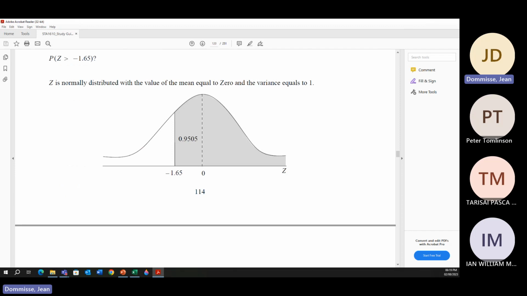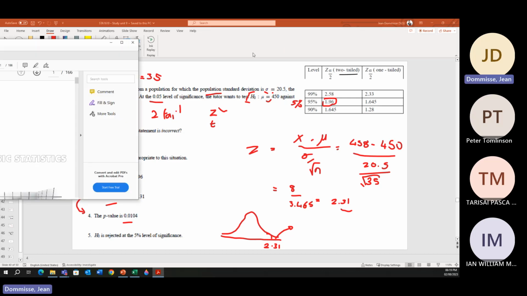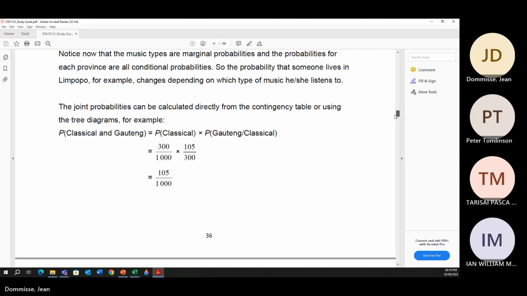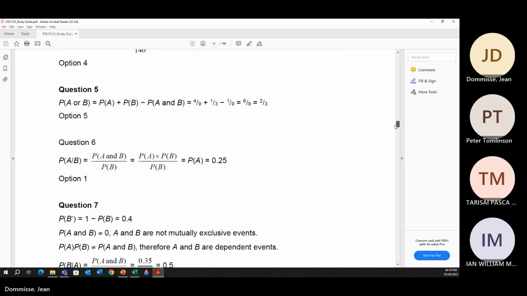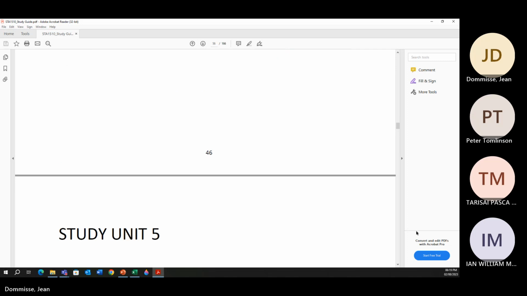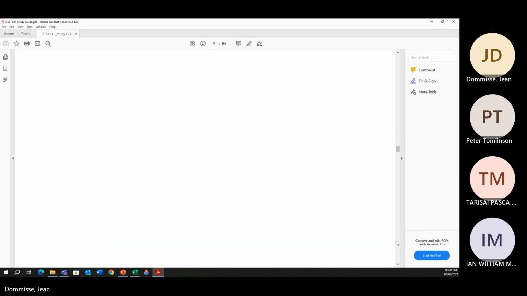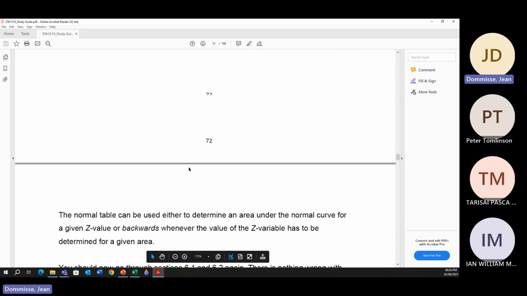Okay, something different. Quickly check if it's in the 1510 study guide. Okay, 1510 study guide.